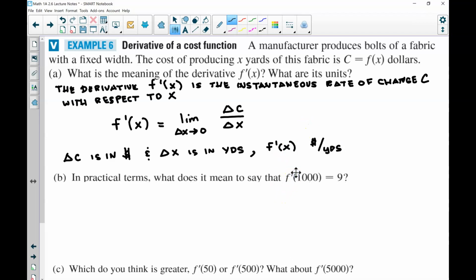Now again, going back to question B, it says in practical terms, what does it mean to say that f prime of 1000 is equal to 9?